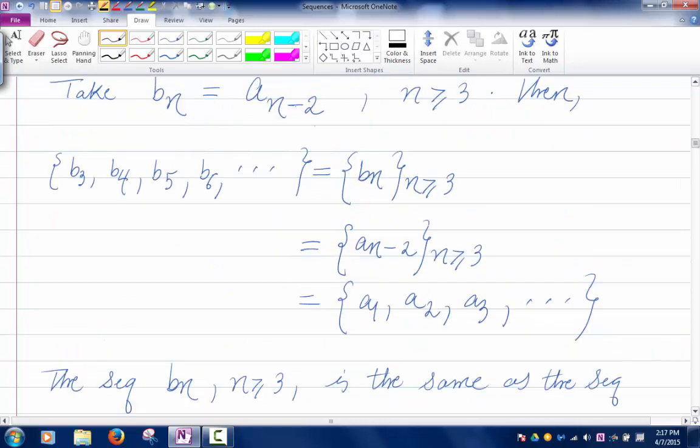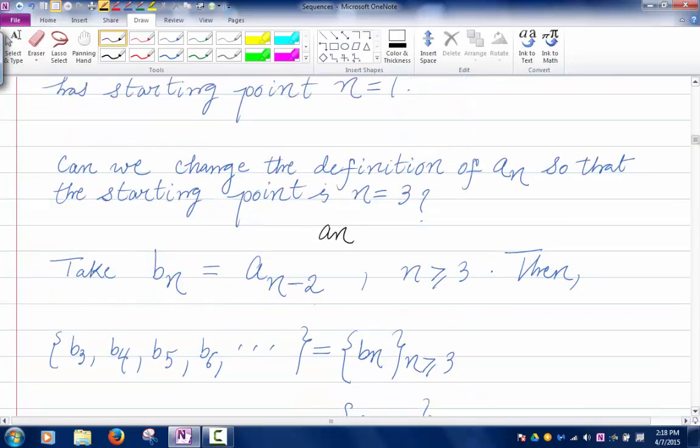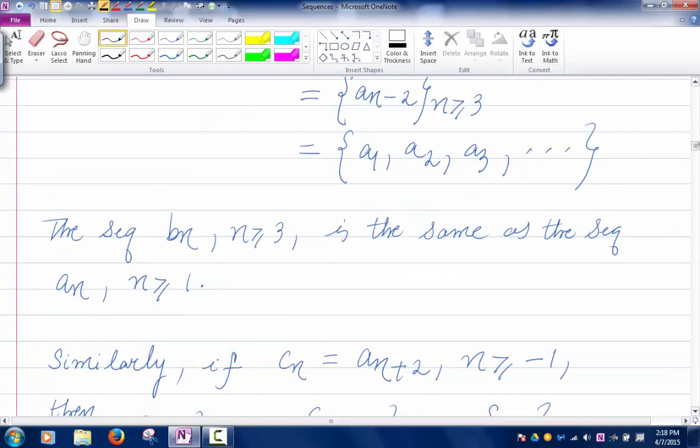Similarly, I can also start my index elsewhere. Here I started my index at 3, right? I can also start my index at negative 1, let's say.